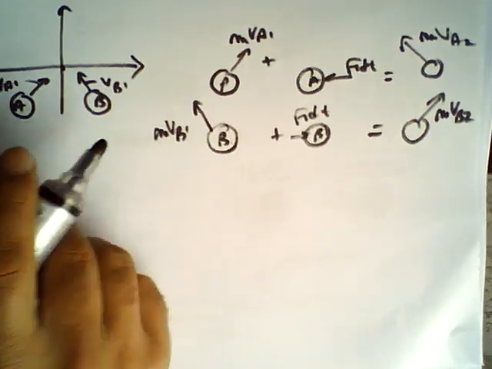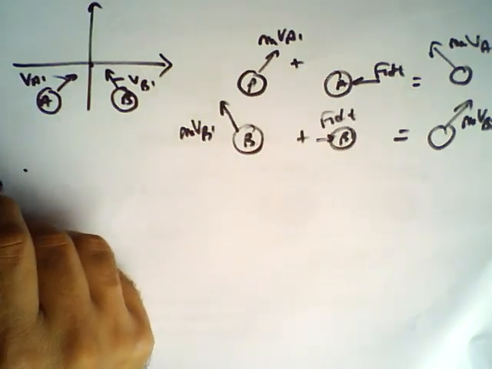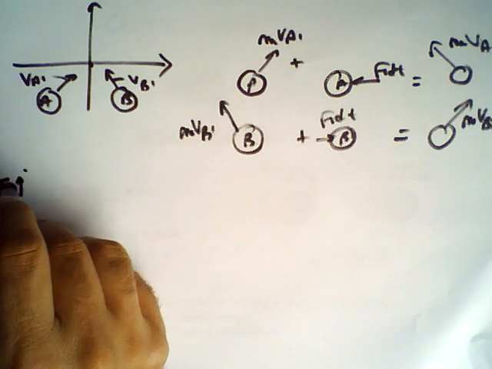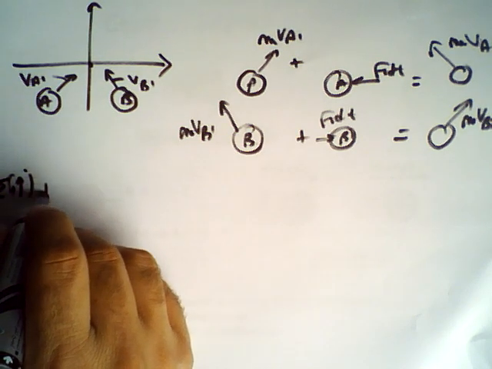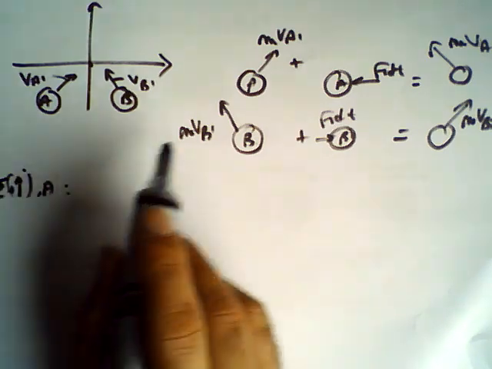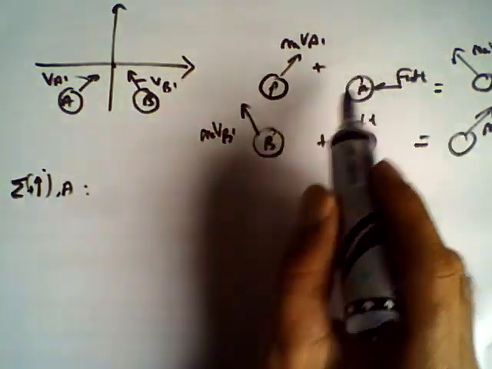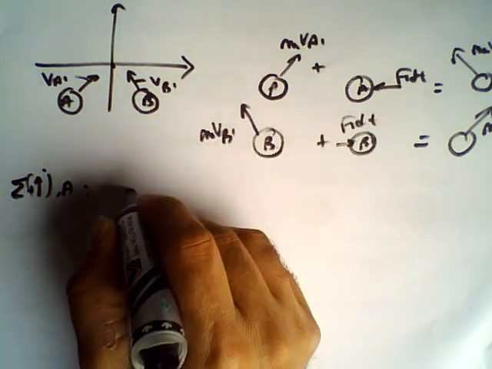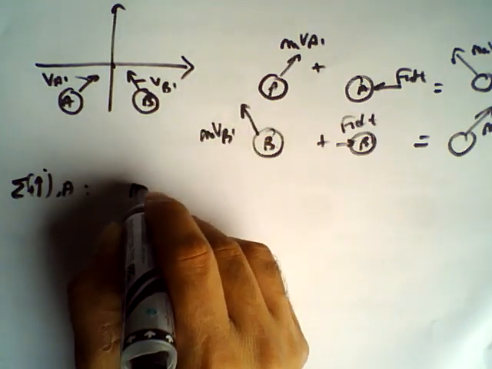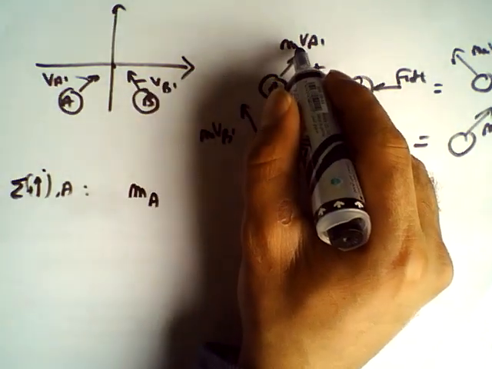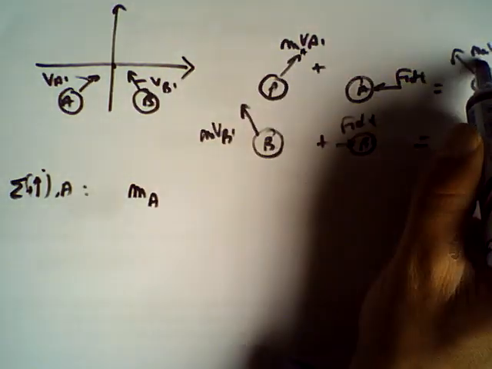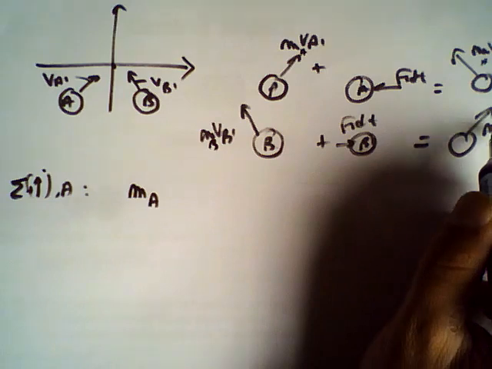So I'm going to sum the impulses on A. What do I get if I'm summing the impulses in the upward direction? FDT is going to be horizontal, and again these are the same units. So I'm going to have MA, right? This is MA, by the way, and this guy is MB.